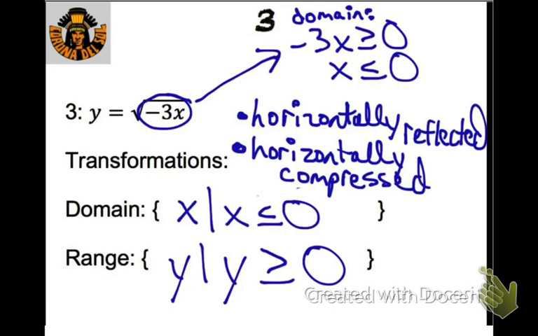And if the number is less than 1 under the radical, then it would be horizontally stretched. And then the domain, you can see I took whatever's underneath the radical and made it greater than or equal to 0, and then solve for x. So what you do is just multiply both sides by negative 1. And when you multiply both sides by negative 1, that reverses the inequality.